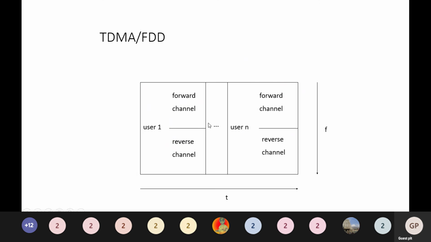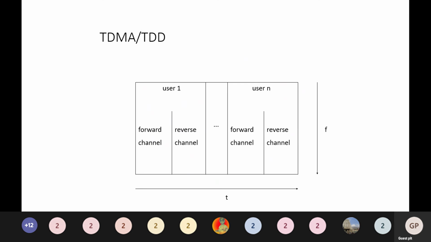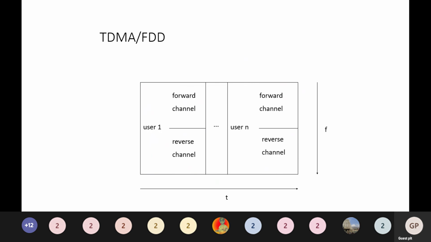Then there is time division duplexing, and time division multiplexing. See, there is a difference here: logical separation of time in time division, and frequency division duplexing.